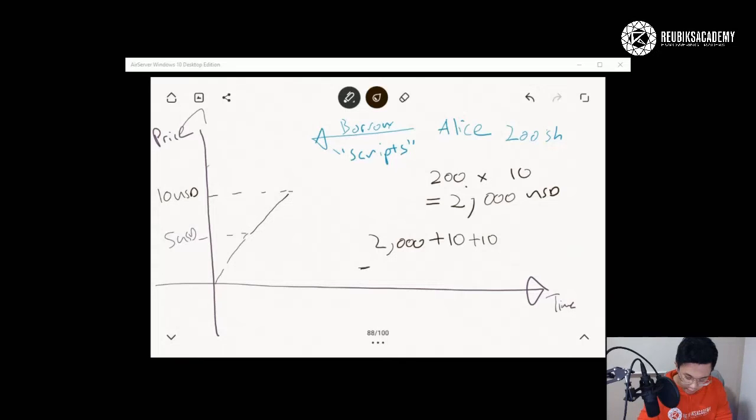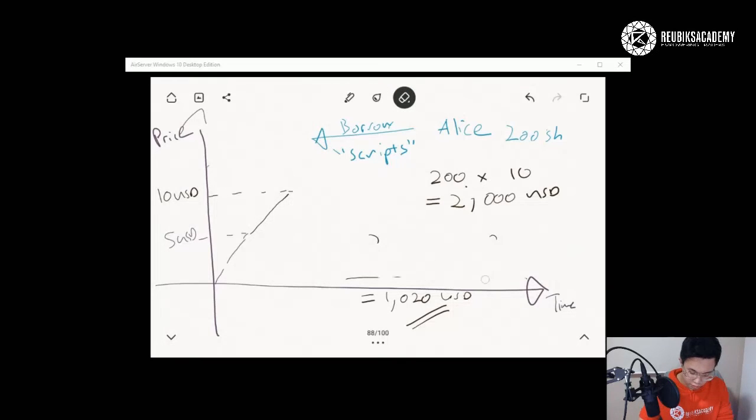Minus away the money that she got when she first sold the shares, which is 1,000. 2,020 minus 1,000 is 1,020. So this is a net loss. She lost $1,020.